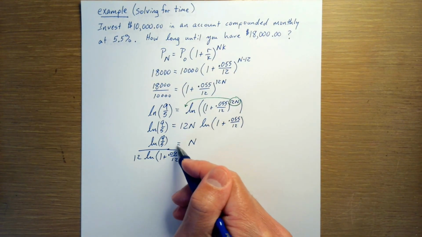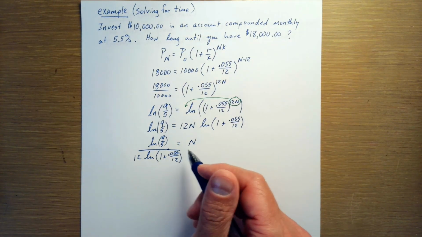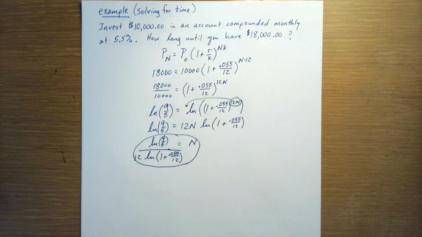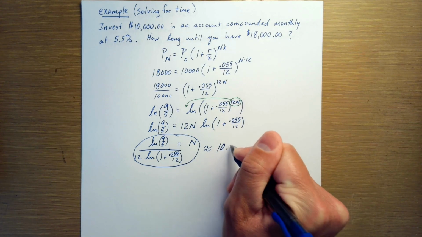So this is kind of sloppy writing my equal sign like that. And actually we can count this as our answer. Most likely if you're using this in the real world, you want a decimal approximation of this. So just in case you're curious, if you were to plug all this into the calculator, you would get roughly 10.71.